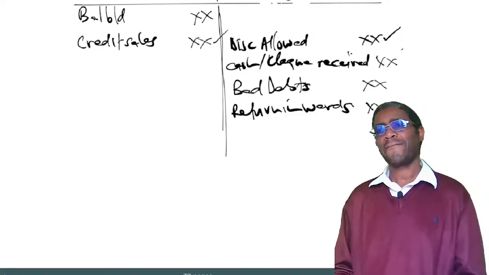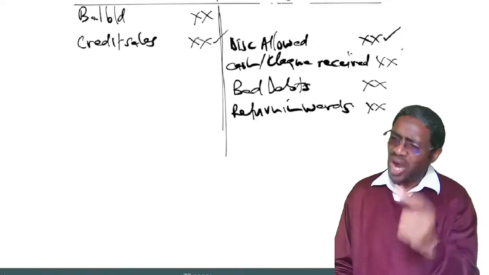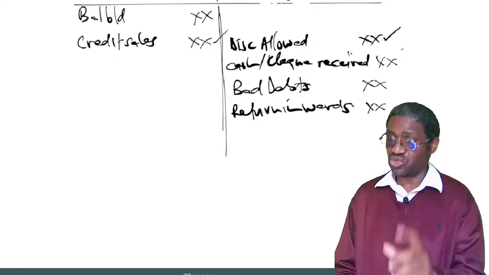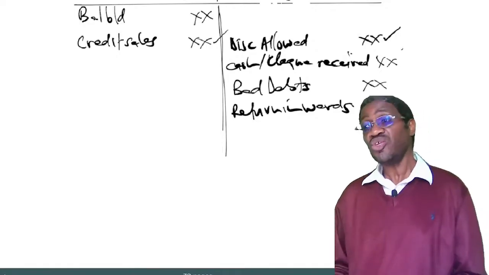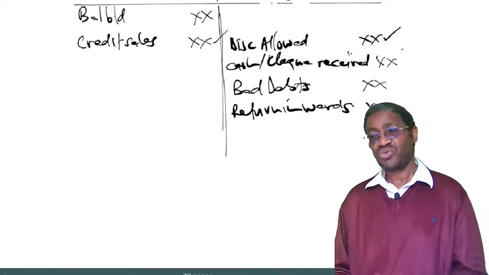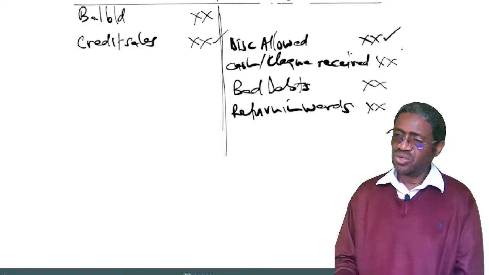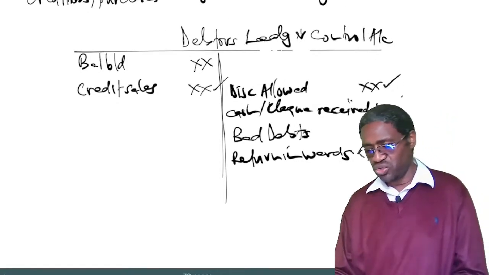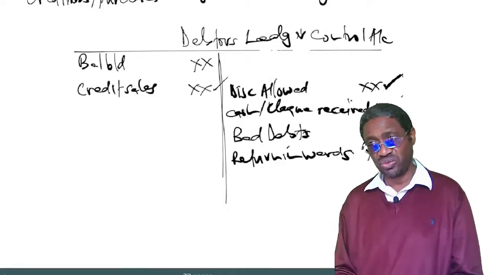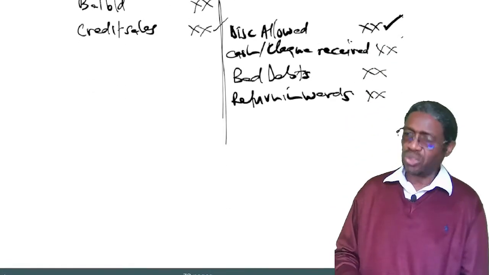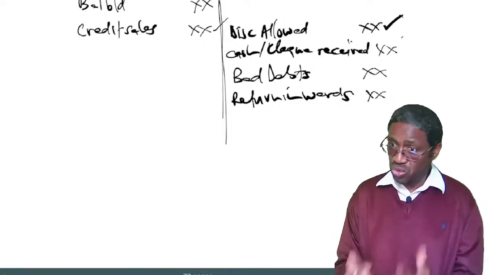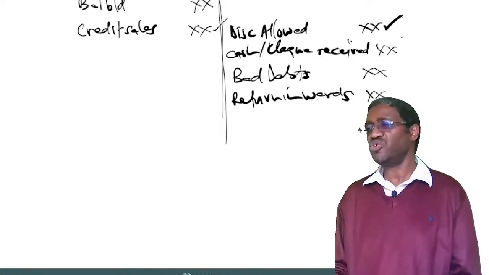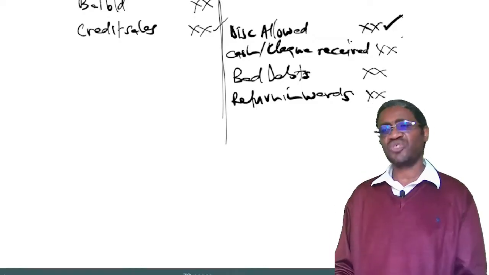Good. Then I've said, if you allowed that debtor some discount, you allowed your customers a discount, then they were paying you less. So with the discount allowed, you are going to debit discount allowed, and you're going to credit debtors. That's what I've told you. Then I've also talked about bad debts. You sold goods to your customer, you debited the customer. For whatever reason, he can't pay you, he is declared bankrupt, you have to write him off.